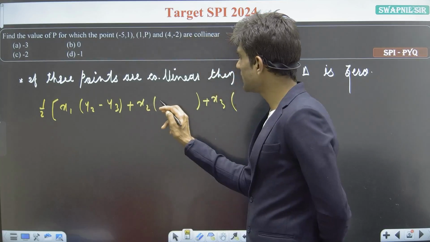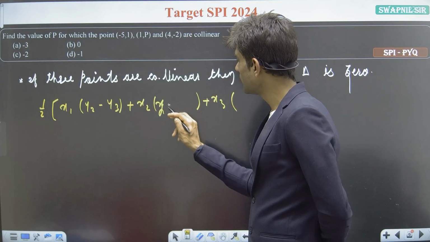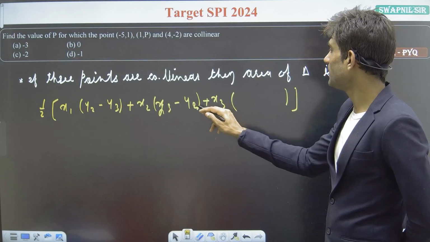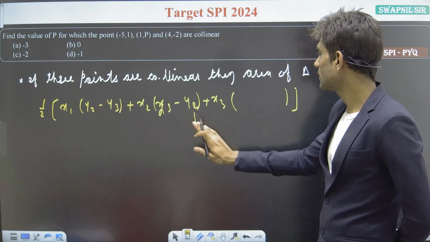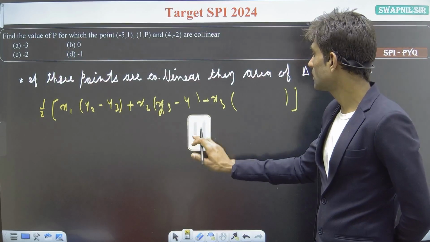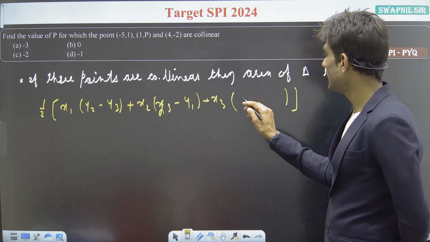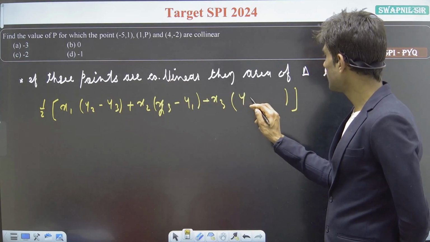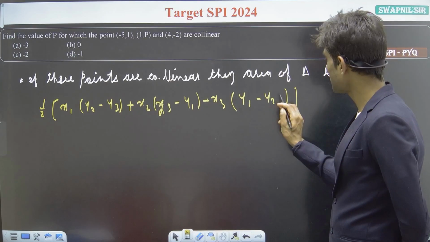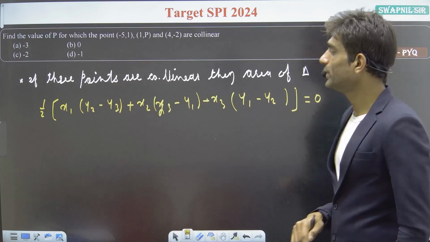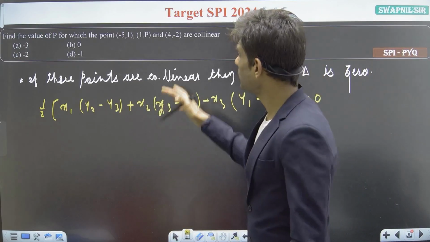If x2 is there, then y3 minus y1. If x3 is there, then we write y1 minus y2 here. If the area of a triangle goes to 0, that means this entire value goes to 0. Then put in all the values.